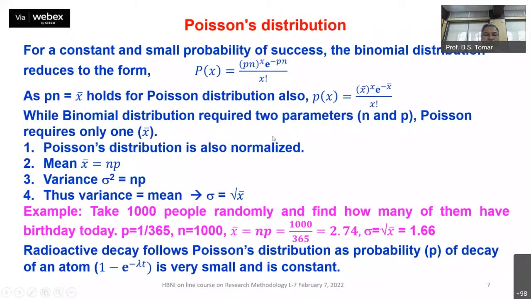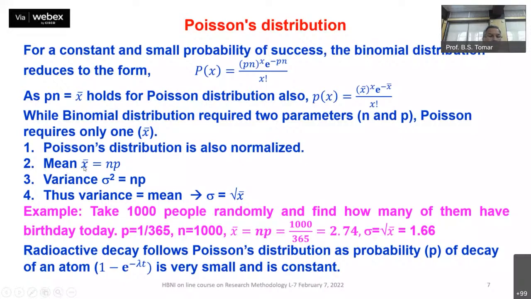Earlier the binomial distribution had two parameters, n and p, but the Poisson distribution has only one parameter, that is x bar, because the variance also is equal to x bar. Variance is the same as mean for a Poisson distribution. Again, the Poisson distribution is normalized like the binomial distribution, which means the sum of all the probabilities is equal to 1.